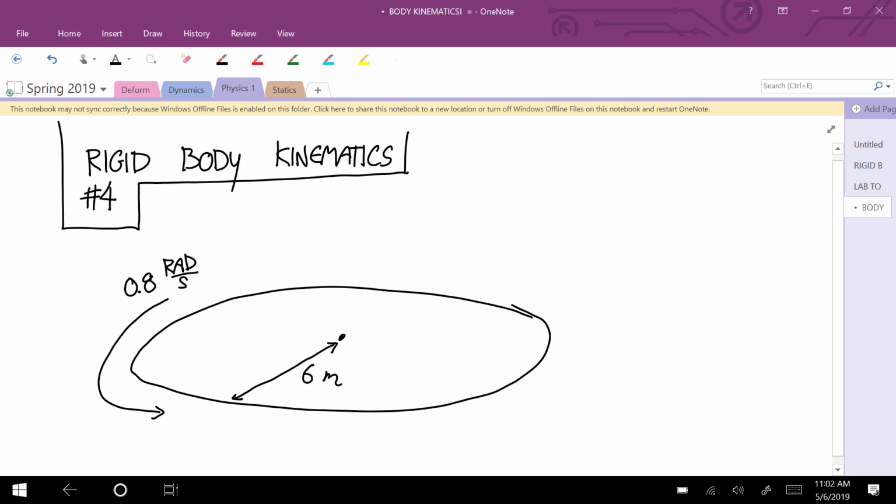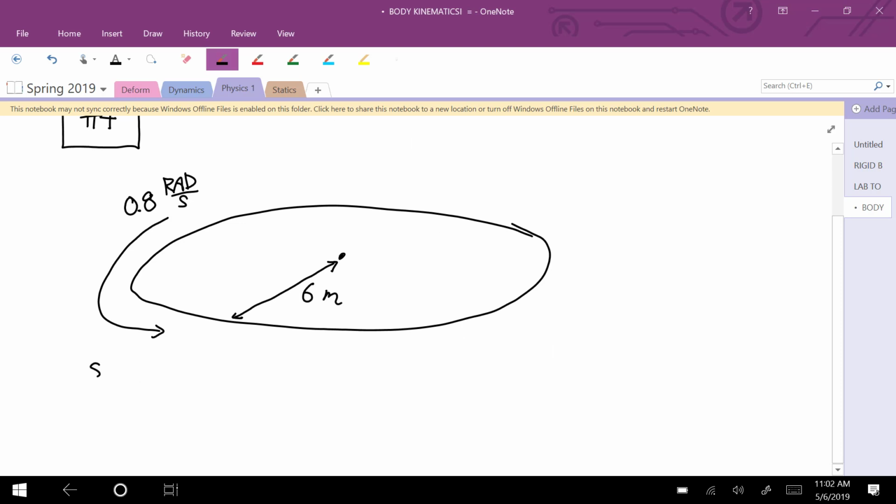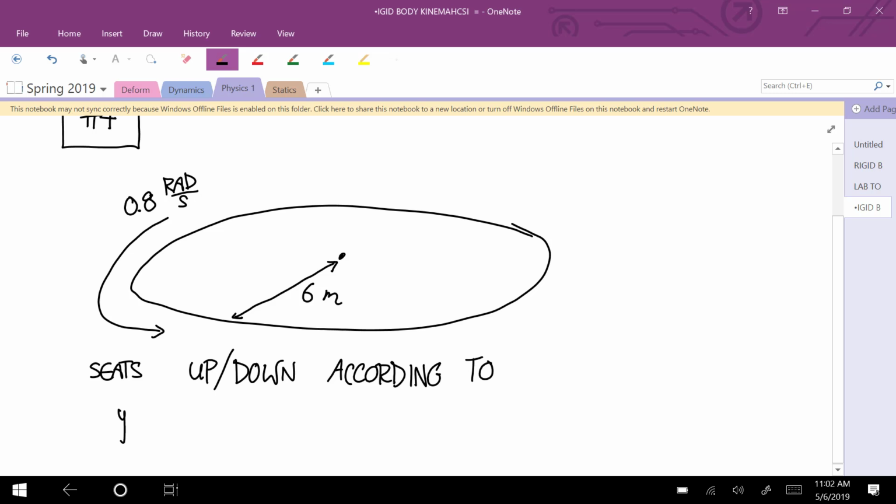And the seats move up and down according to the position function y equals 0.5 times the sine of t.